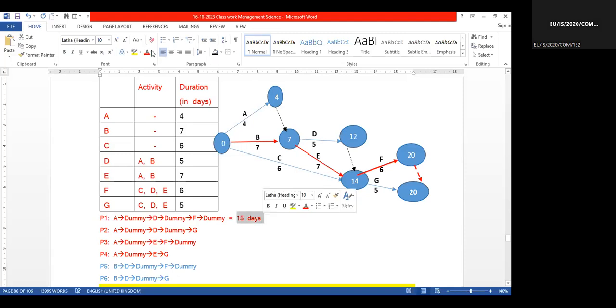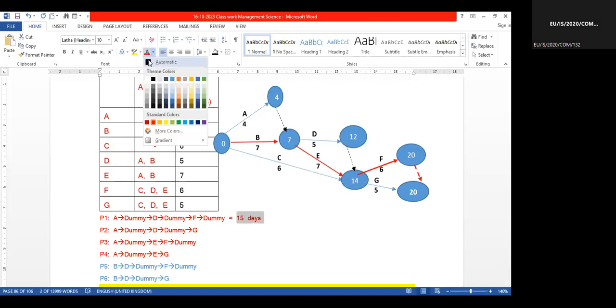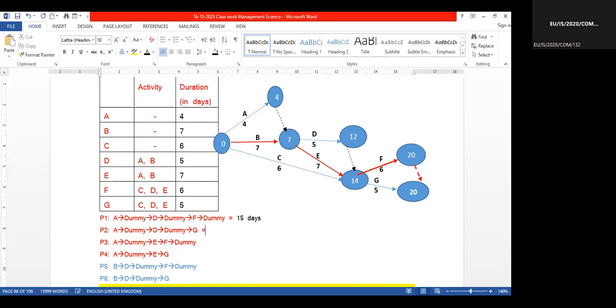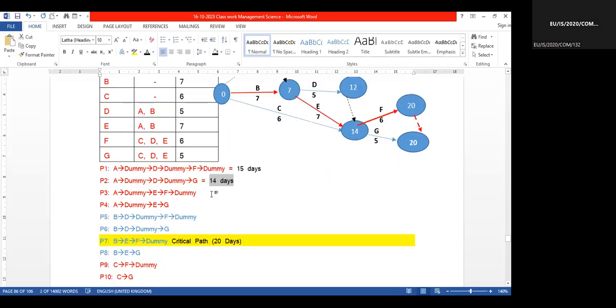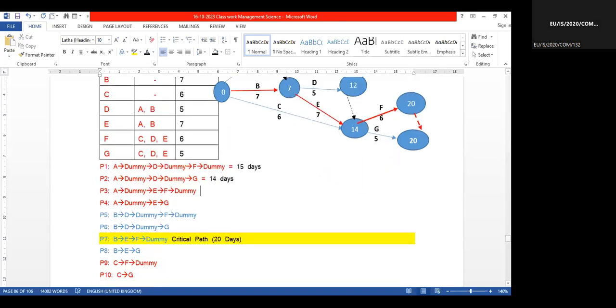Right. Path 2, 14 days. Okay, right, 14 days. I am not checking, I'm writing as per your answers. So then path 3, 17 days.